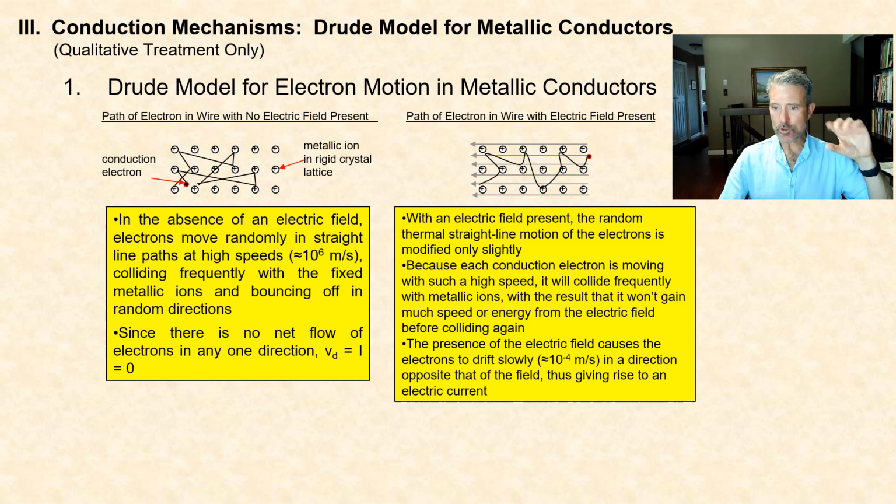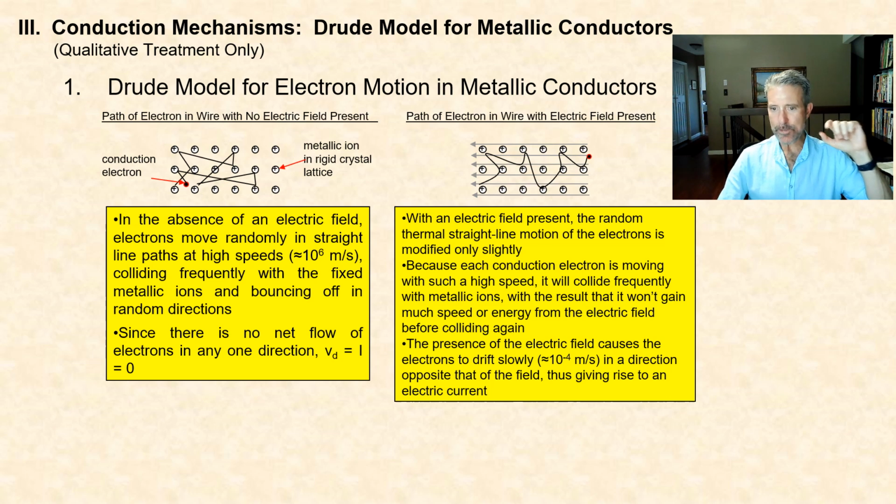But because those electrons keep banging into the metallic nuclei, not only slowing them down but changing their directions, because that collision frequency is quite high, those electrons will not really gain much speed or energy from the electric field, because they do not have to travel far before they interact with another metallic ion.